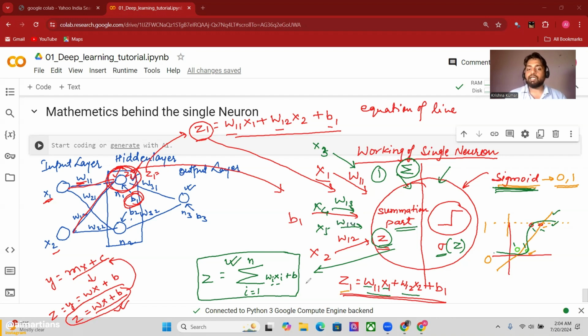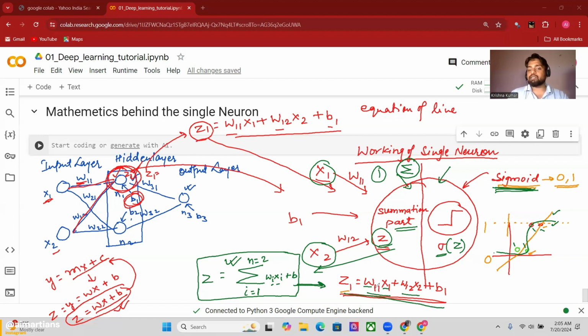In that case we need some sort of equation, because this is a perfect representation of where i will start and where it will end. In our case we have only two inputs, x1 and x2, and w1 and w2. So i starts from 1 and goes up to 2 only. If you expand this formula, you will get the same output.